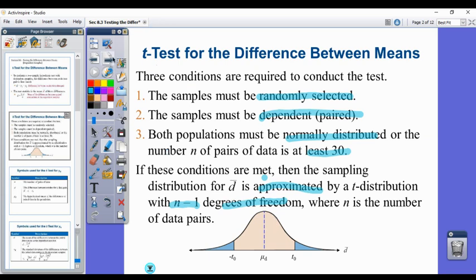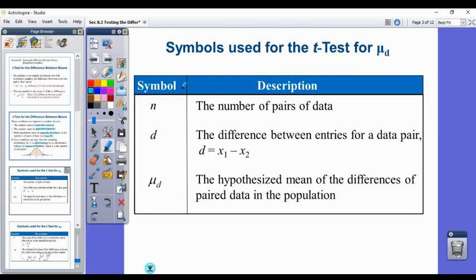All right, so let me run through the steps. So remember, n stands for the number of pairs. Okay, our difference is x1 minus x2, and the hypothesized mean is the difference between the paired data.